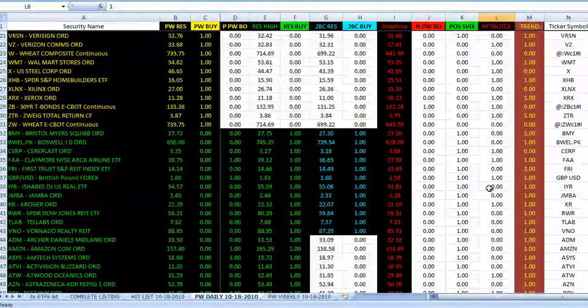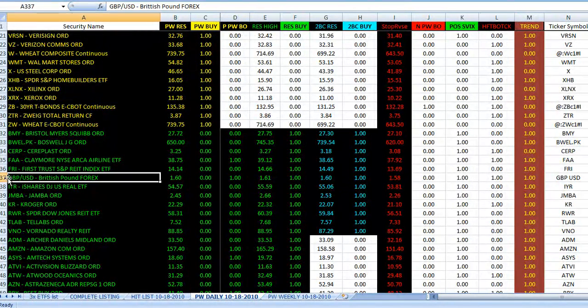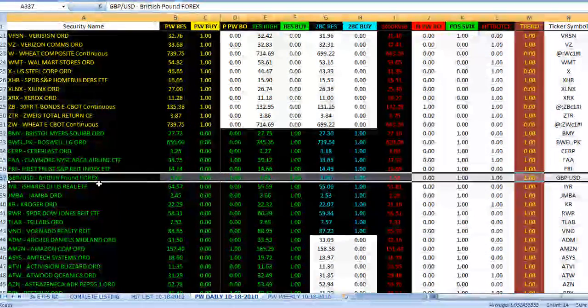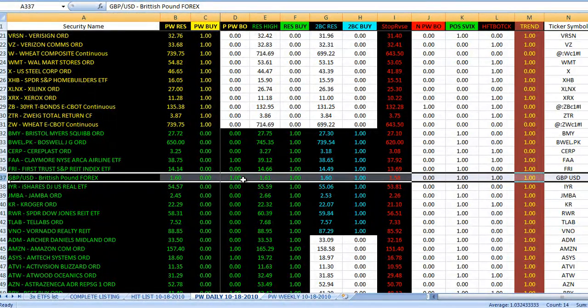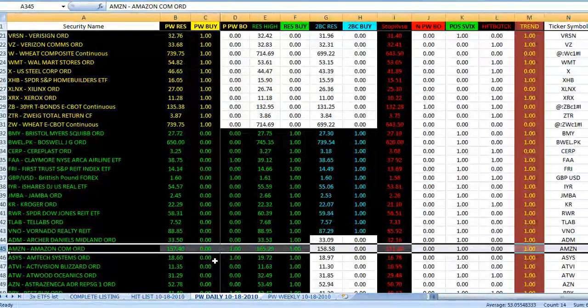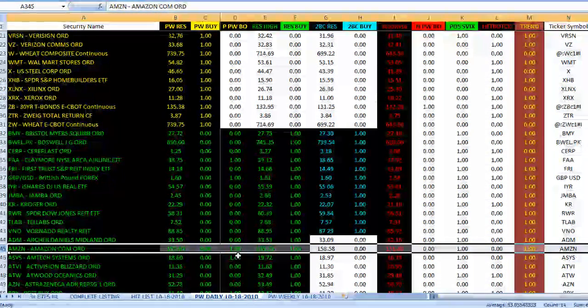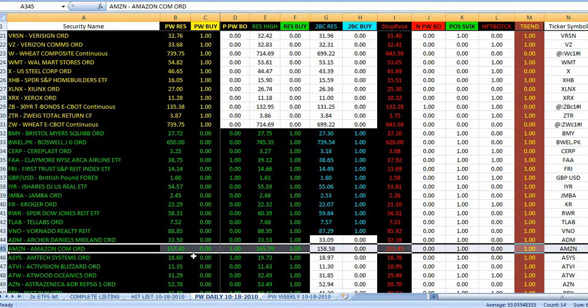and it's giving you a chance to play catch up and catch the continuation. For example, today you will notice that there is a positive pulse wave in the British pound Forex. You also notice, if we continue to scroll down here, in Amazon there is a positive pulse wave, meaning that Amazon just broke out of its prior pulse wave of 157.40.